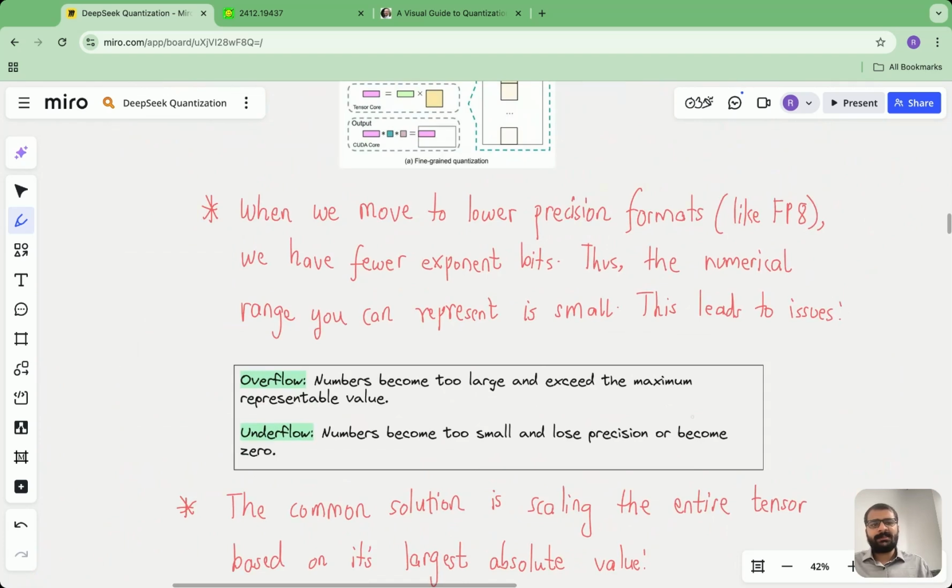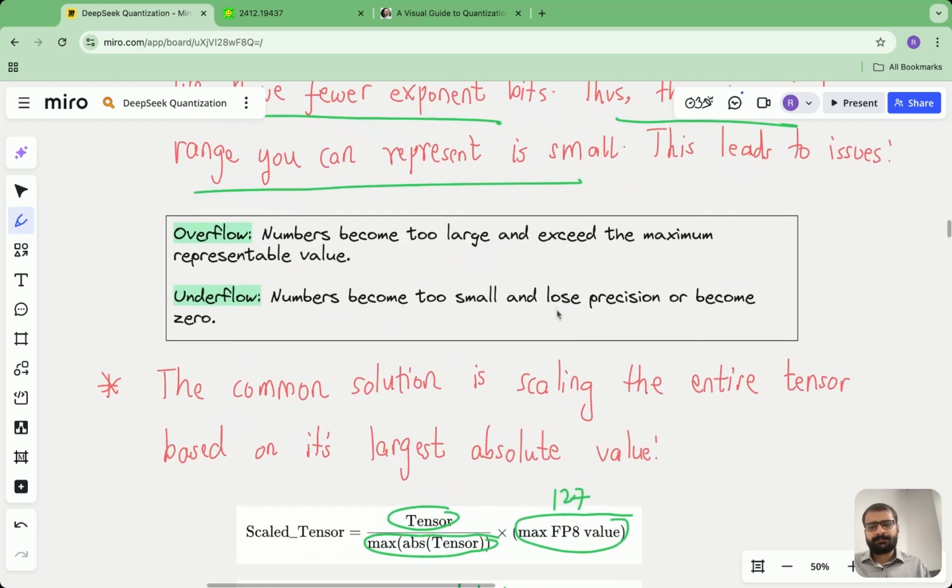The reason this is done is that when we move to lower precision formats like floating point 8, we have fewer exponent bits. Thus, the numerical range which we can represent is small, and that can lead to overflow or underflow problems. Overflow is when the numbers become too large, underflow is when the numbers become too small, and we lose precision.